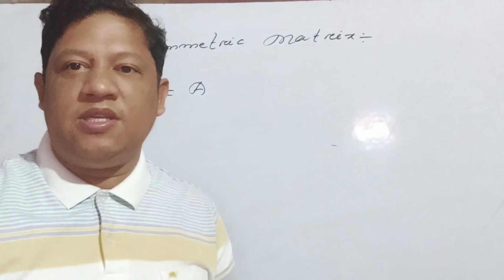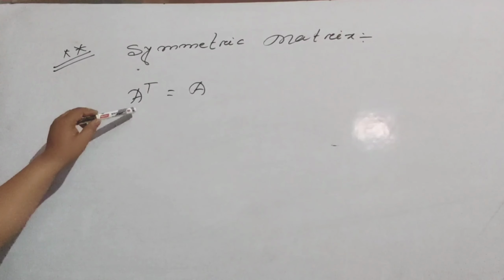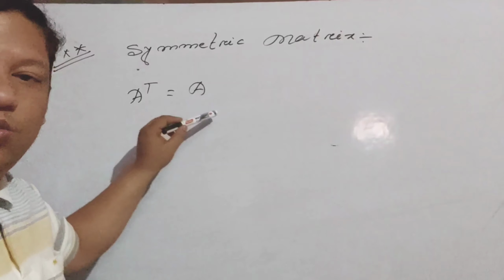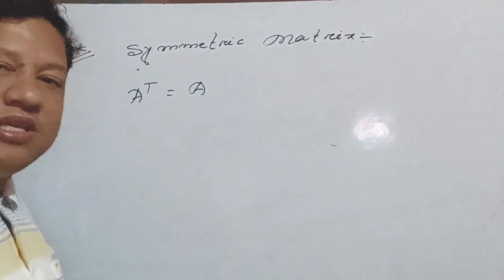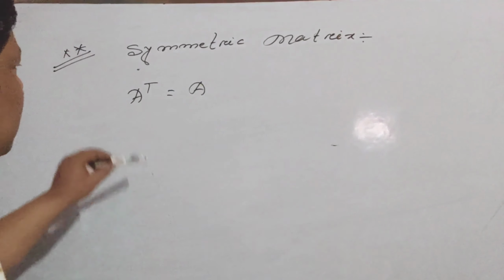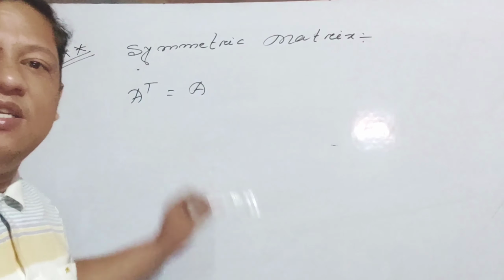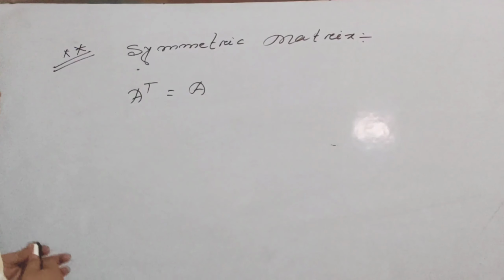Symmetric matrices are those matrices whose transpose equals A. That means if you transpose the matrix A and you get A, then it is called a symmetric matrix.